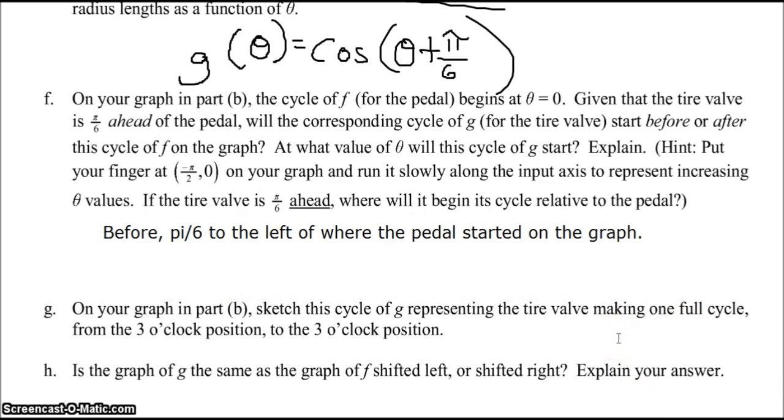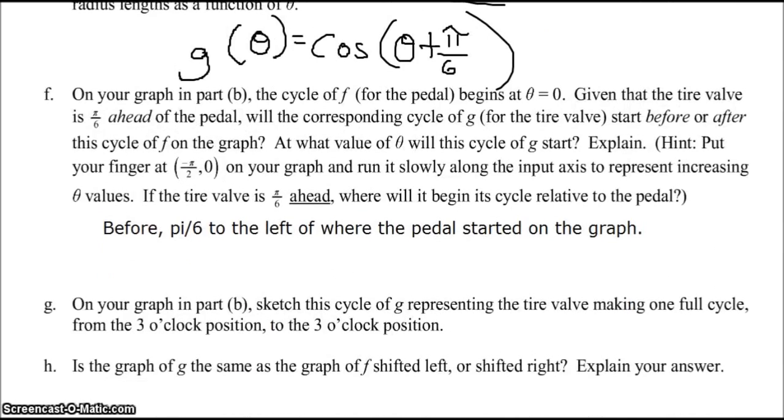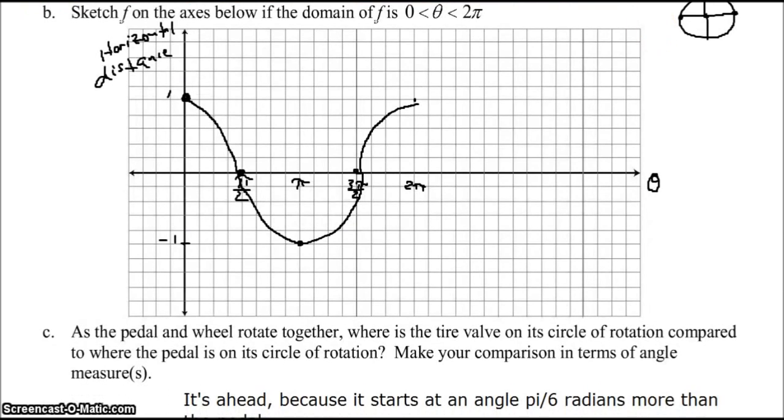And so on your graph in part B, sketch this cycle of G representing the tire valve making 1 full cycle from 3 o'clock position to the 3 o'clock position. So we just have to take our graph and we're just going to be starting pi over 6 to the left. So maybe about right here. And so we're just a little bit behind.